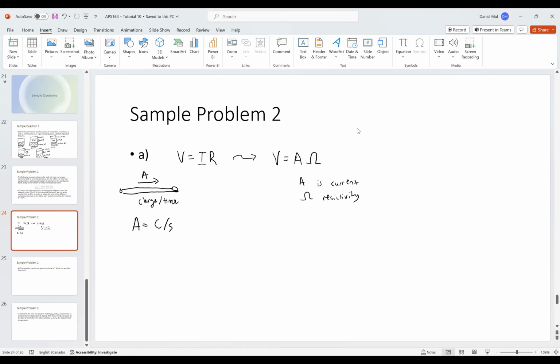And then we plug this into this equation here. We get V is equal to coulombs per second, ohms on the top. So we get ohms is equal to volt seconds per coulomb.